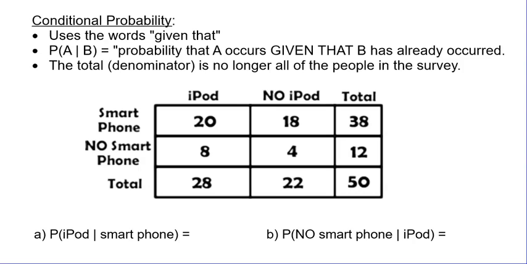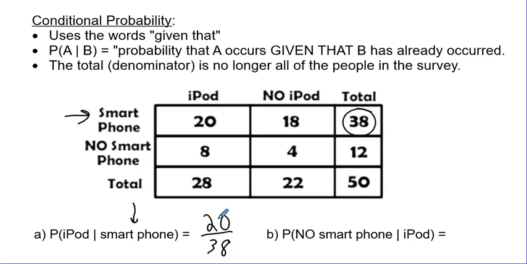So, probability of an iPod given you have a smartphone. First off, you have to find the total of the smartphone. That's right here. That's your denominator right there. You go to the second one first and find that total. There's 38 smartphones. Now iPod would be 20 out of 38.